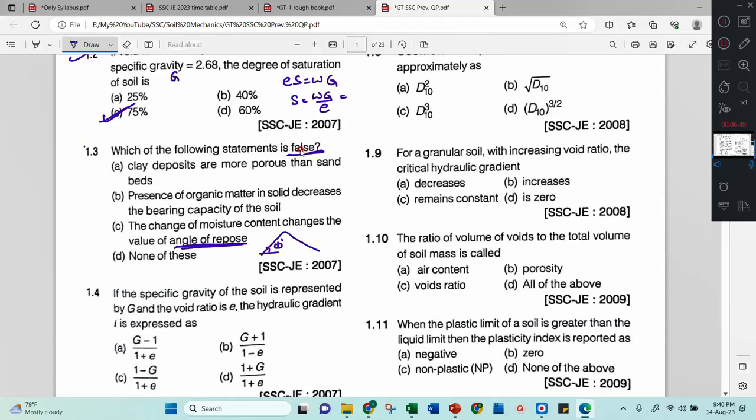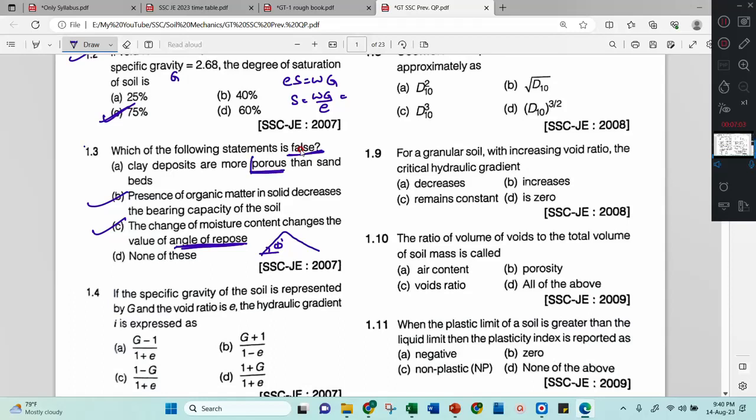Then presence of organic matter. See here, change of moisture content changes the value of angle of repose is the correct answer. Presence of organic matter in soil decreases the bearing capacity of the soil, correct answer. Clay deposits are more porous than sand beds, more porous, they are saying.